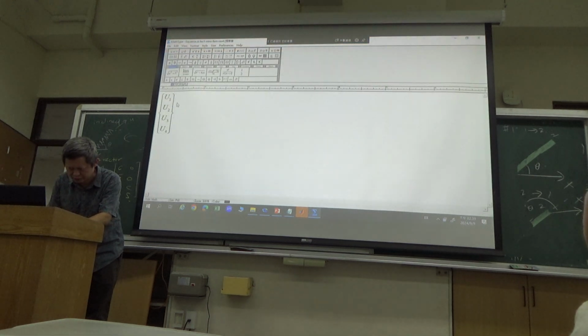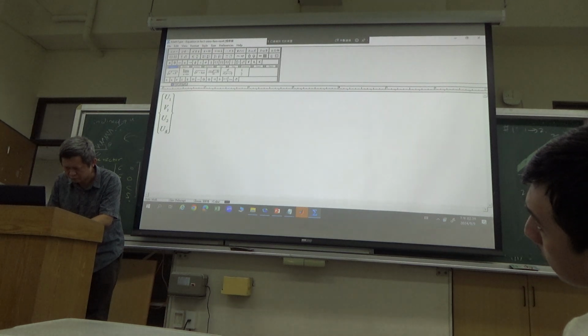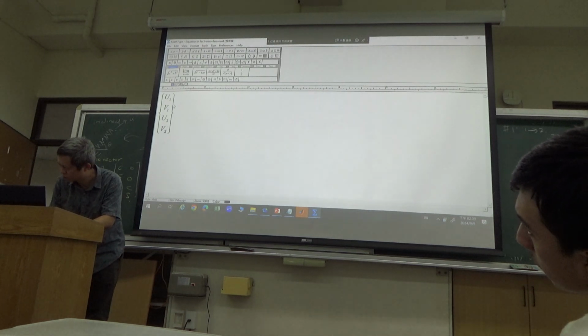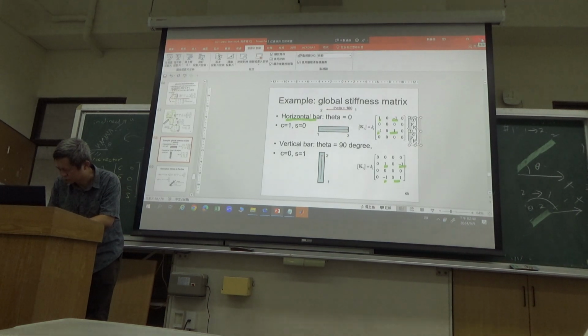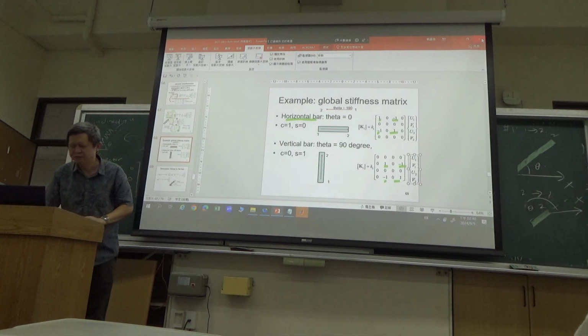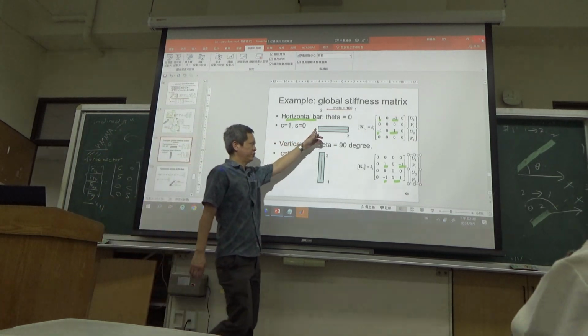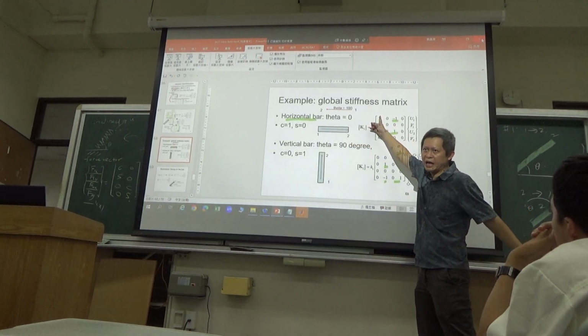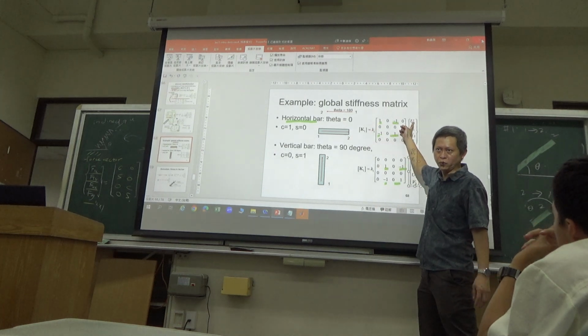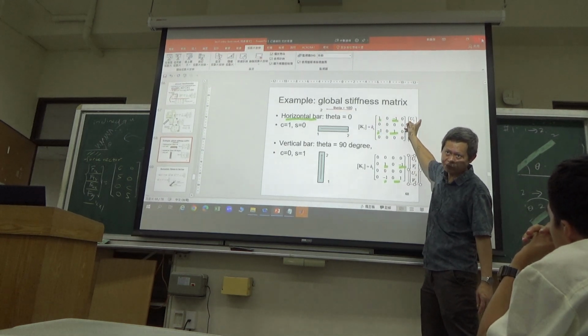If I'm not sure what this is, and I write this, we do multiply the stiffness with the displacement, but just to let you know that a horizontal element should have non-zero row that matches the displacement row.